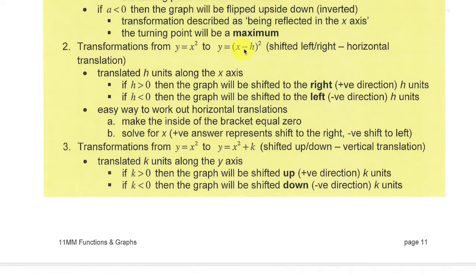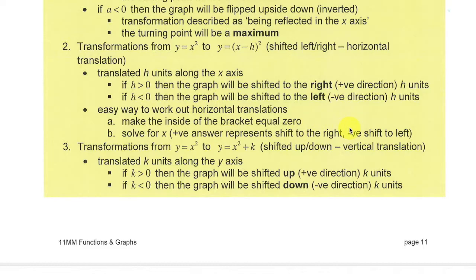Horizontal shifts. As I said to you before, the easiest way of working out whether it's moving left or right in comparison to the standard y equals x squared is just to take what's inside the brackets, make it equal to 0 and solve for x. So if we end up with a positive, that represents that we're moving in the positive direction along the x-axis.